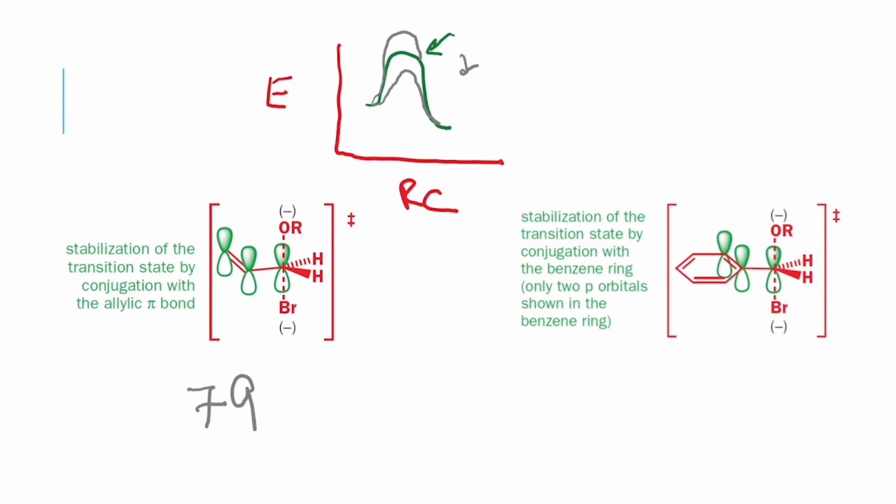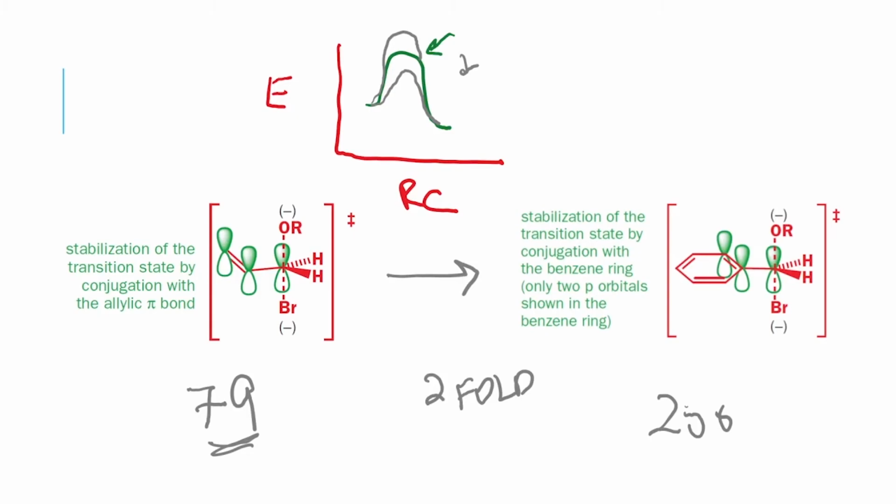Keep in mind the rate increase from here to here is only about twofold. This is approximately maybe around 80 to 100, and this is 200. So it's not a huge increase in rate, and not something that we would want to spend too much time on, but there is some level of stabilization of the transition state by the extended conjugation.